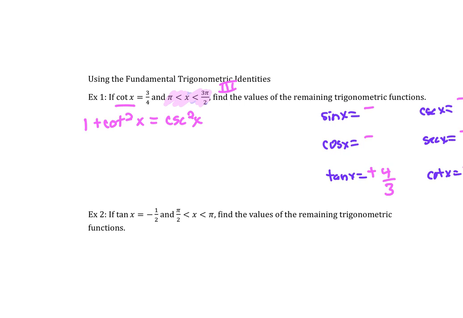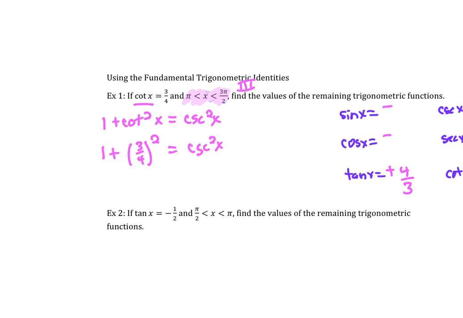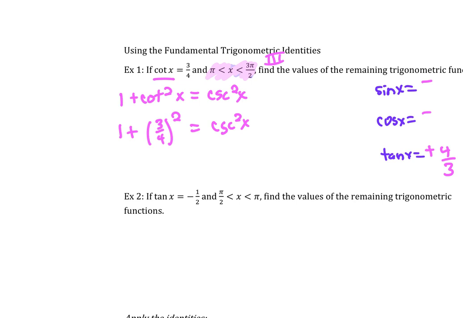Okay, so cotangent of x is 3/4. Guys, that means 1 plus cotangent squared. That just means we're going to square this 3/4. And that's going to be what cosecant squared x is equal to. I think now maybe you see why we were reviewing some of those math skills at the beginning of class. I'm going to hold off on writing out that 1 for just a second.